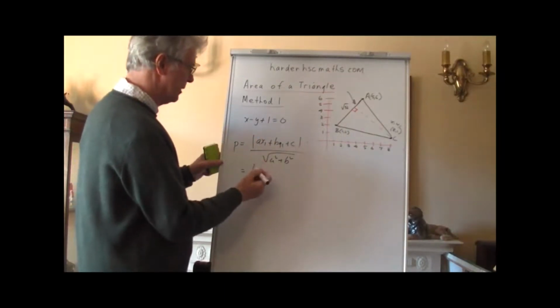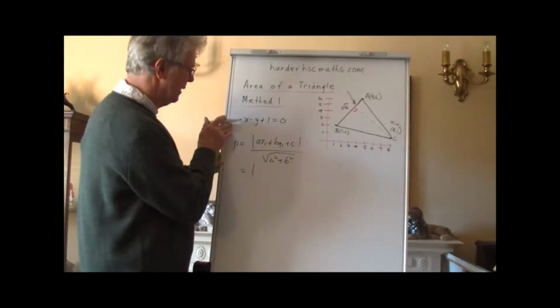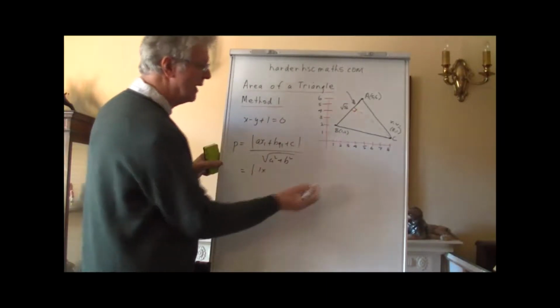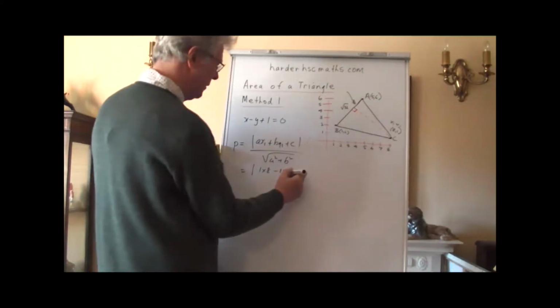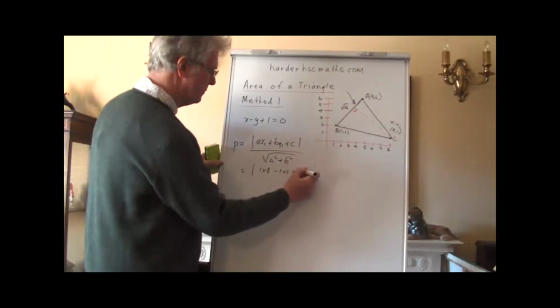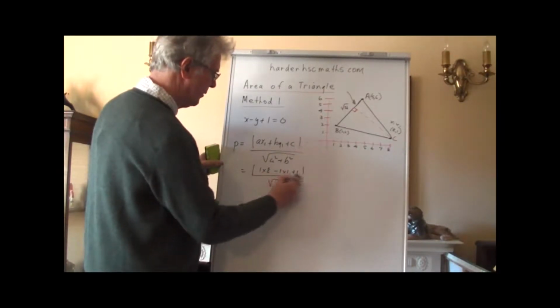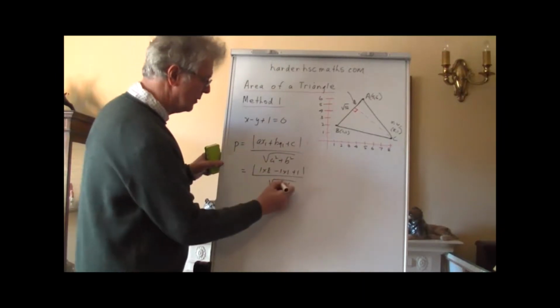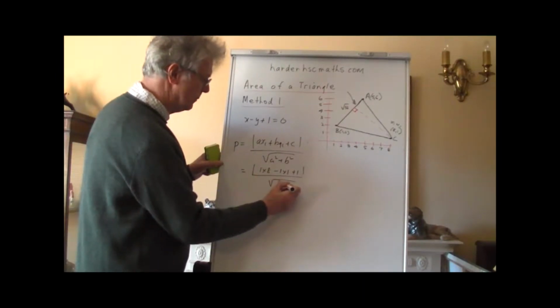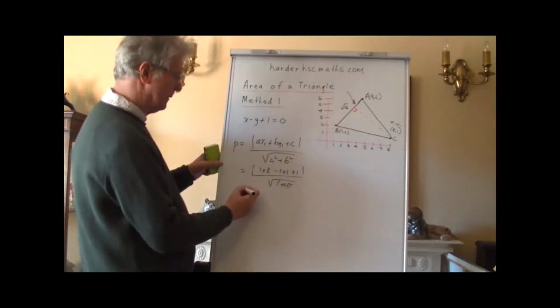The coefficient of x is the a here, so it'll be 1 times the x1, minus 1 times the y1, plus the c, all over the square root of 1 squared plus (minus 1) all squared, which we know is 1 plus 1.